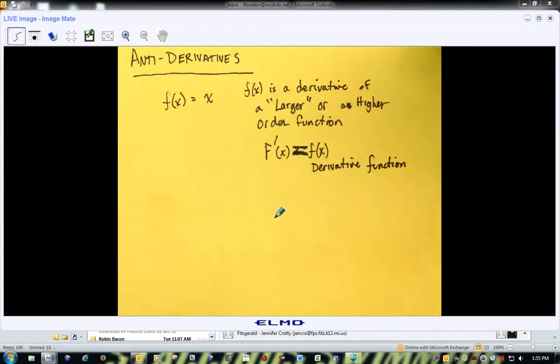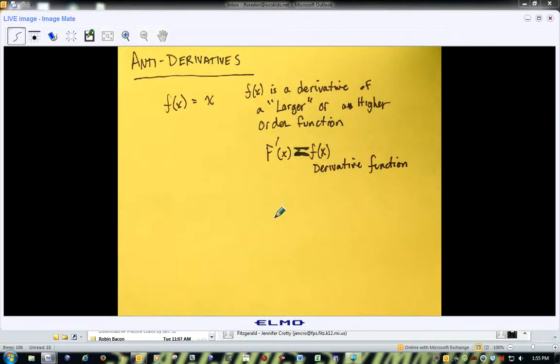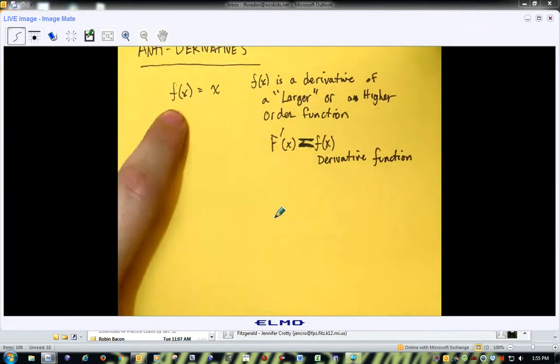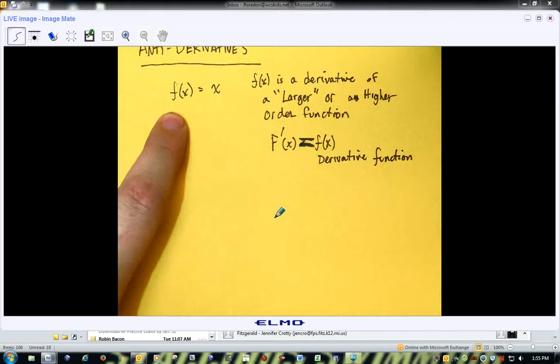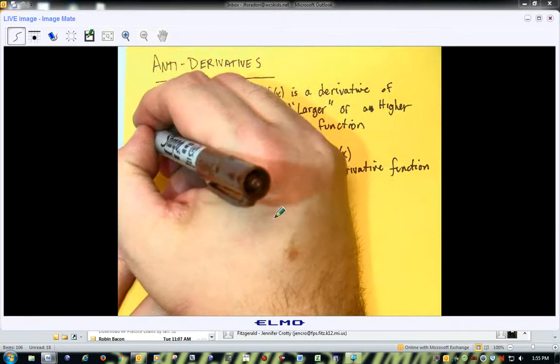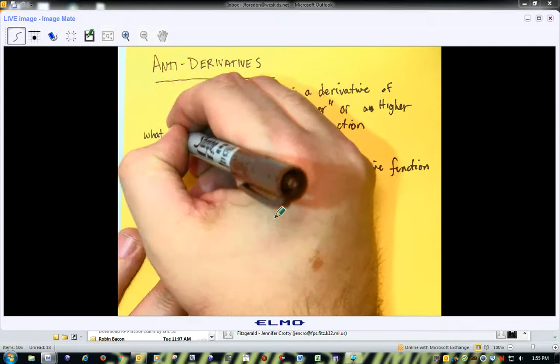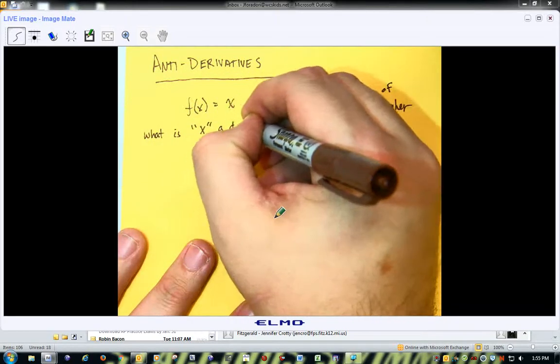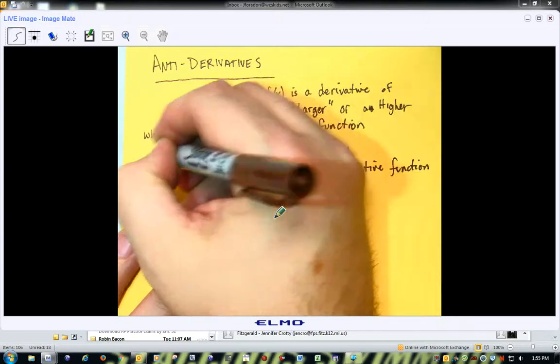And this is the whole idea of it. You get a function, f of x is equal to x. Then you're told, hey, this dude's a derivative of something. We don't know what that something is, though. Then you ask yourself this question. What is x a derivative of?